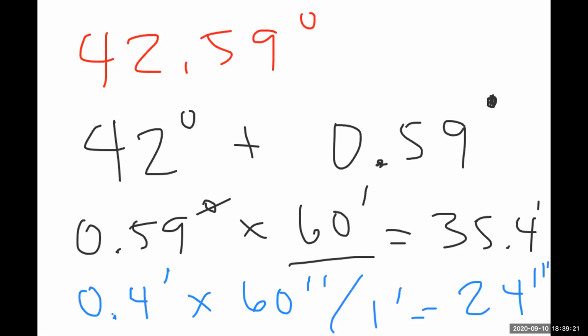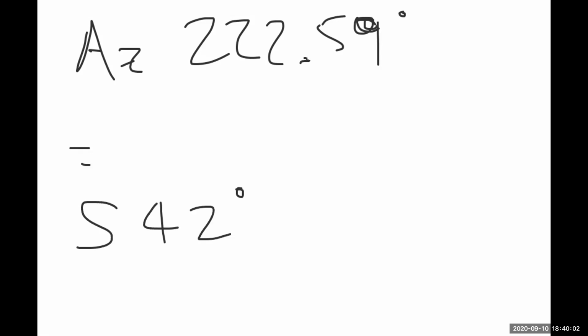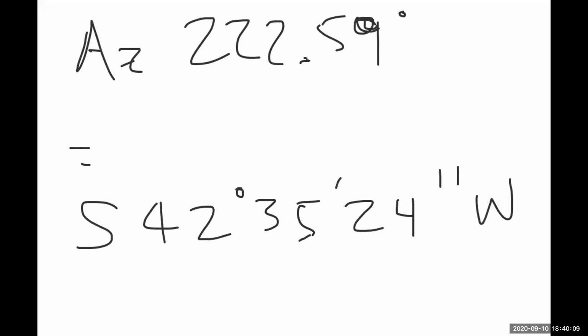Okay, so let me write this down so I don't lose it. So an azimuth of 222.59 is south 42 degrees, 35 minutes, 24 seconds west.